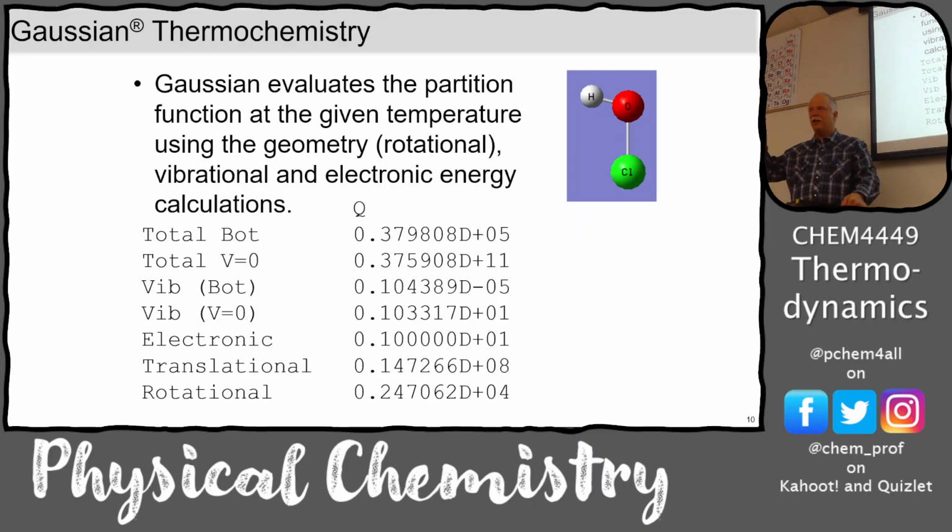Now, if you set 0 at the bottom of that vibrational potential, then this is saying that you're not even populating the ground state, which is strange, right? But that's what this is. You see, this is 0.1 times 10 to the minus 5. And so it's saying there aren't even any molecules in the ground state.